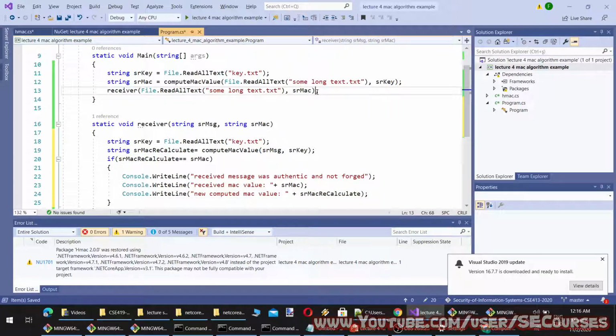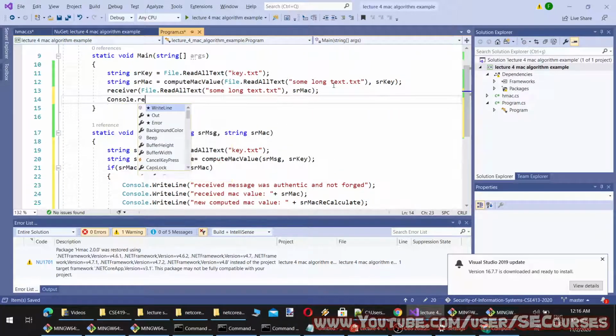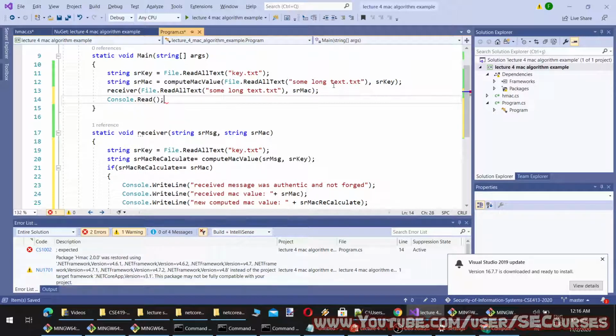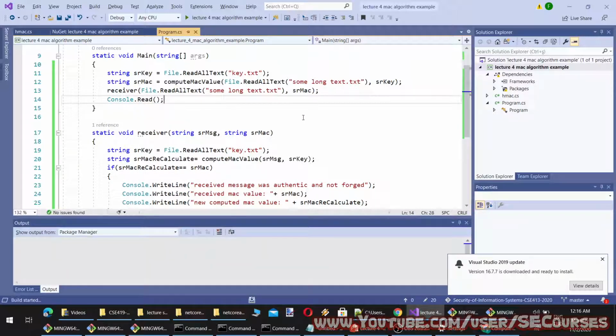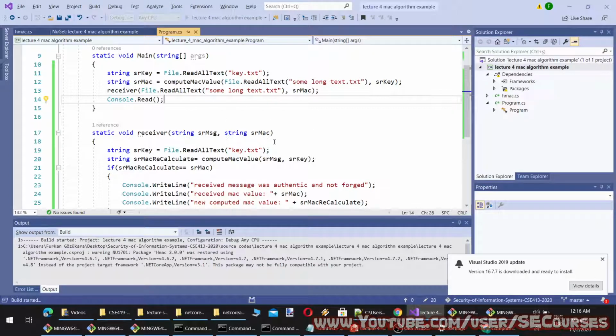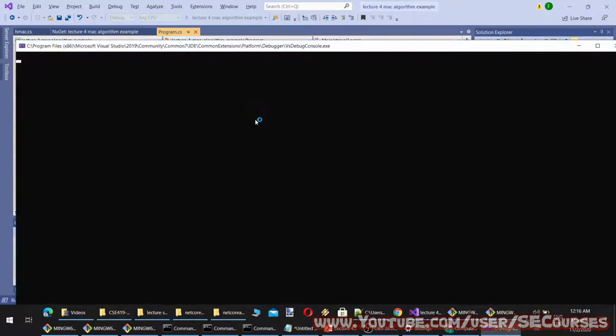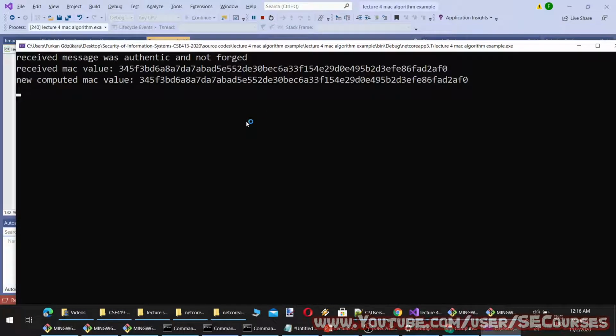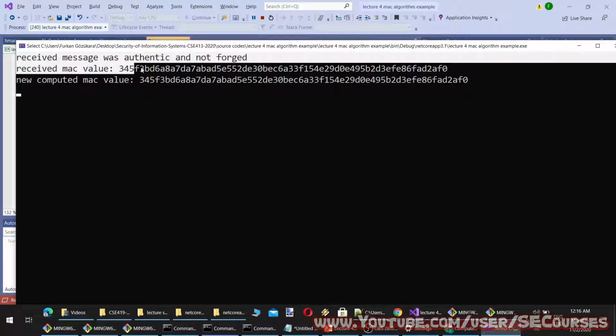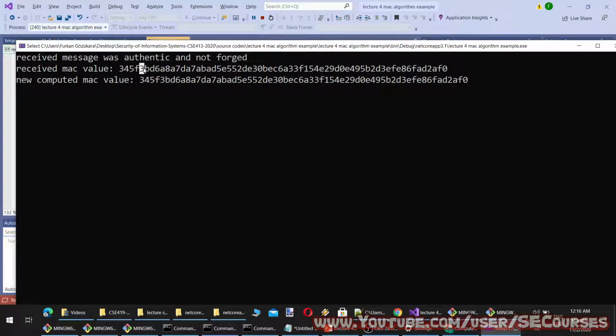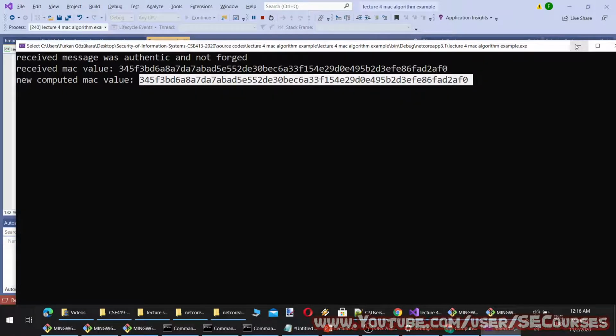So here basically we are now making a demo of Mac usage between sender and receiver. It says received message was authentic and not forged. You see, the received MAC value was this and the newly computed MAC value was this.